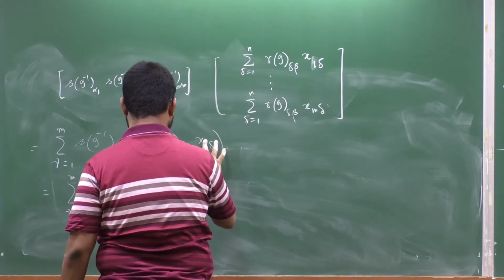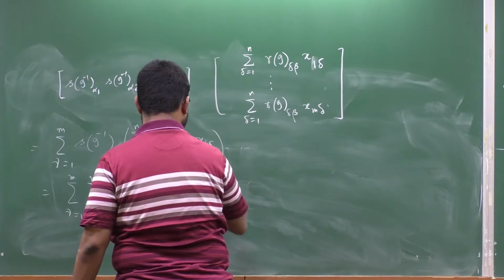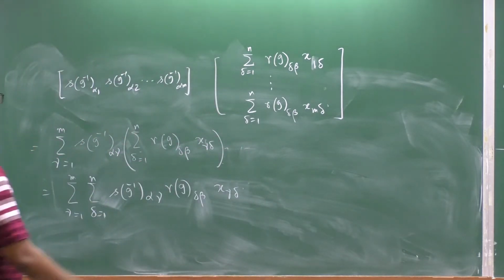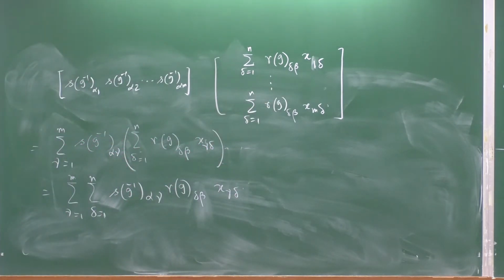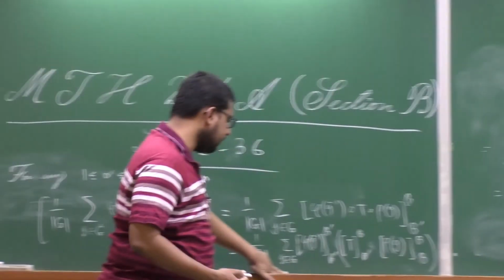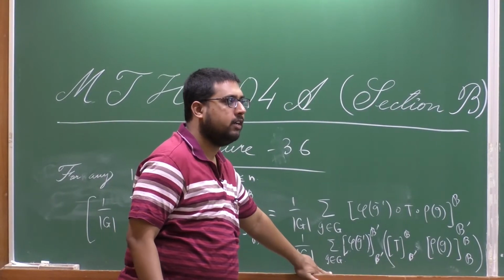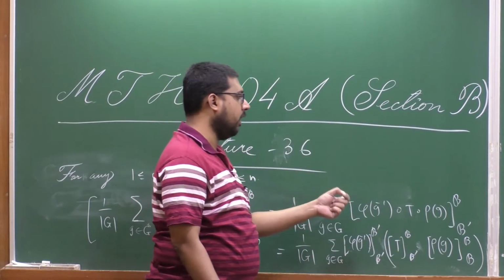So here a typical term will be x gamma delta, at the gamma position. So this is going to be the coefficient at the alpha beta position of this summand.